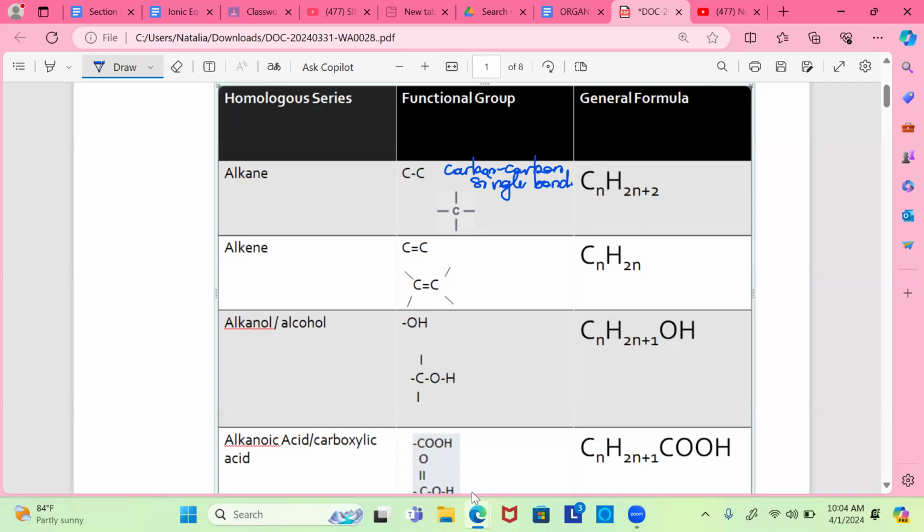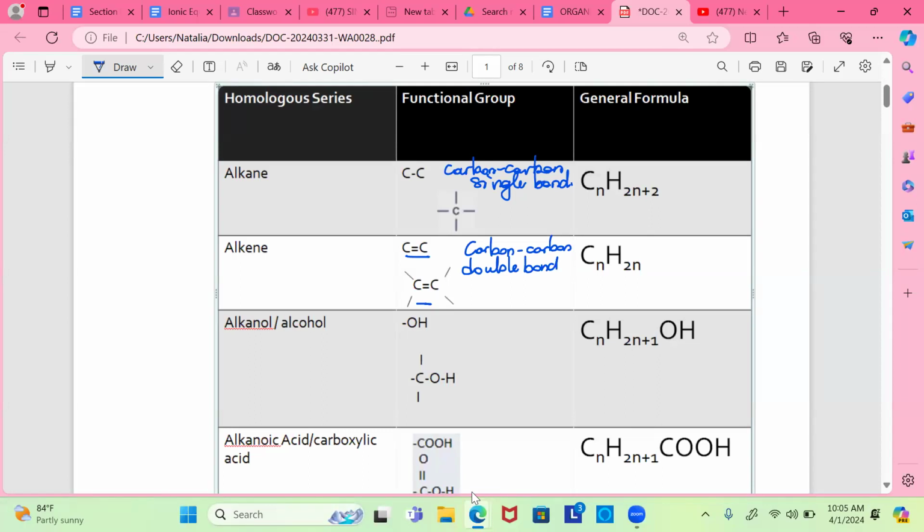It can be written out like this, or we can write it in words. Carbon, carbon, double bond, that's the functional group. And the general formula for alkene is CnH2n.